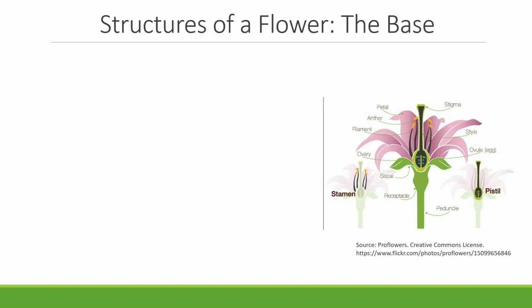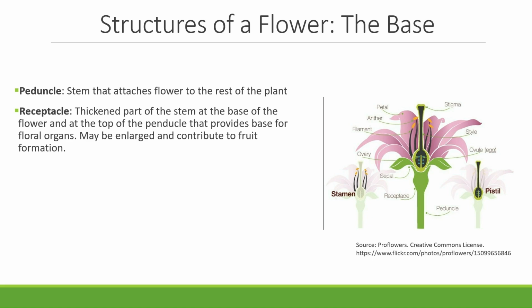The peduncle is the stalk that attaches the entire flower to the rest of the plant. It provides both mechanical support and a pathway for vascular tissue to supply the flower with water and nutrients. The receptacle is the thickened part, right here, the thickened part of the stem at the top of the peduncle.